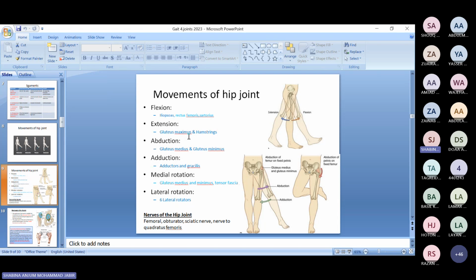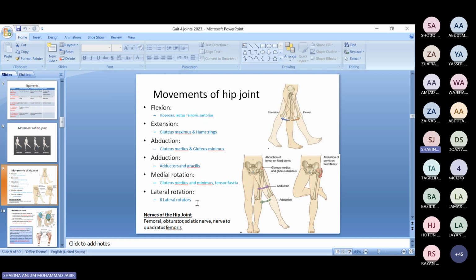Gluteus maximus, and the hamstrings. What about abduction? We have the gluteus medius and minimus. For adduction, we have the adductors and gracilis. For medial rotation, we have gluteus medius, minimus, tensor fascia lata, and then we have these six lateral rotators, small muscles.